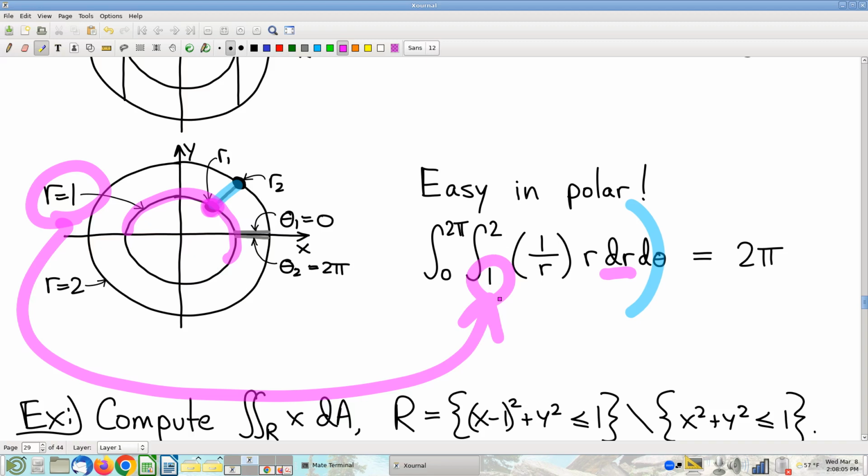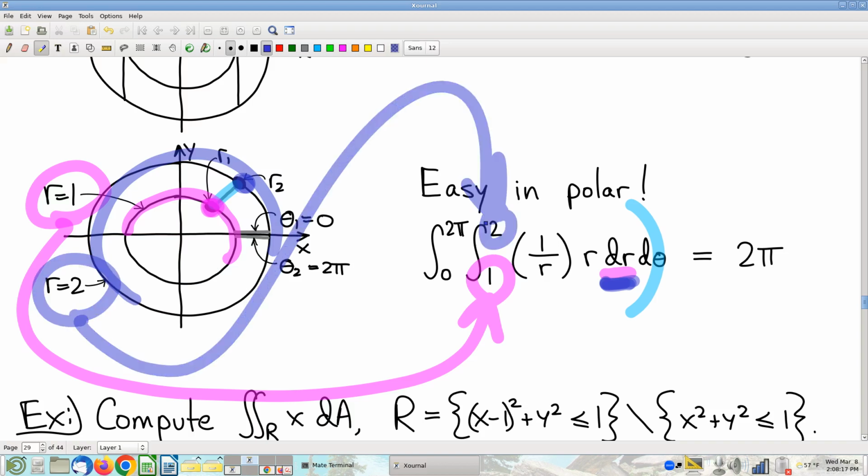And then for the upper bound, well, the upper bound for r is at this point, which is on that curve, which has that equation. So my upper bound for r is 2. What do you think? Everybody see how that worked? Okay.